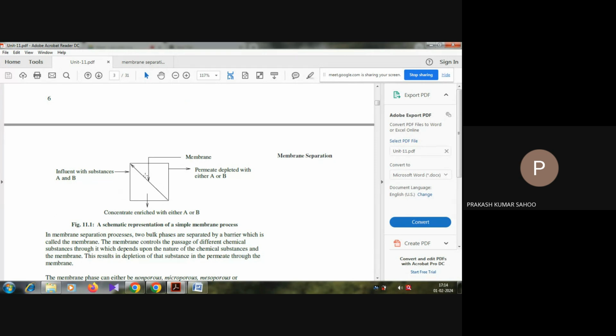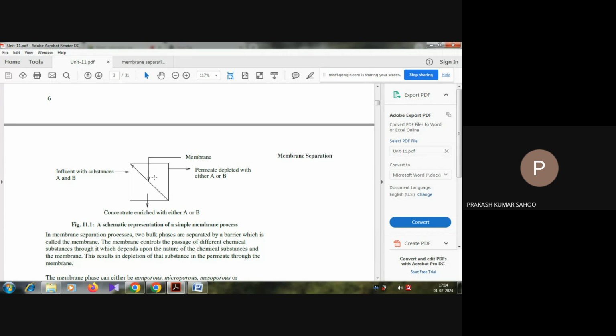This is the membrane which we use for the separation. This is the membrane which is placed diagonally in this square type vessel, and we have two components A and B.